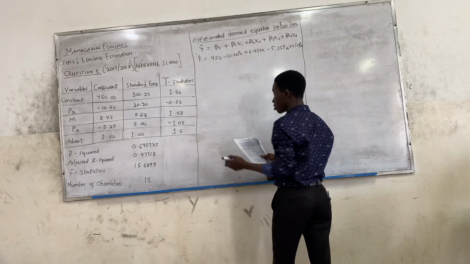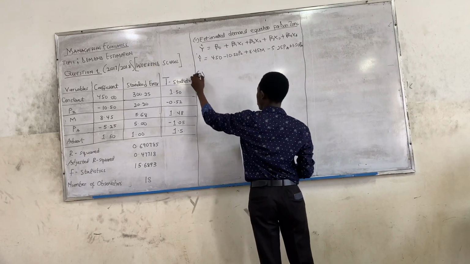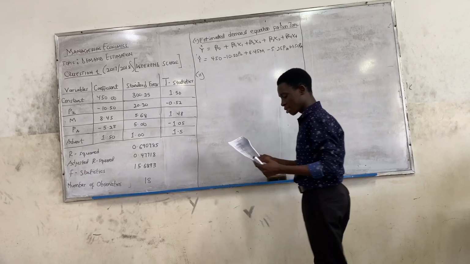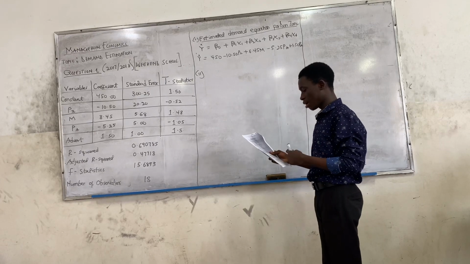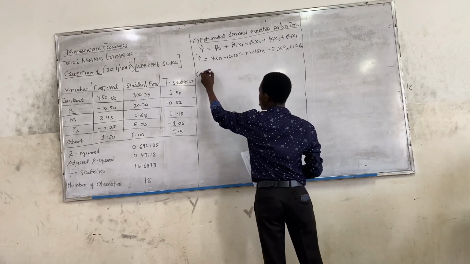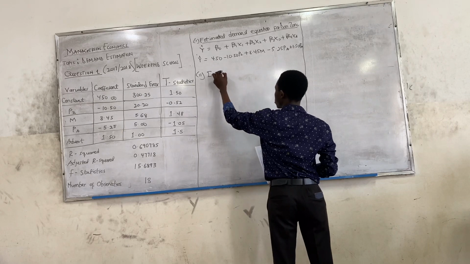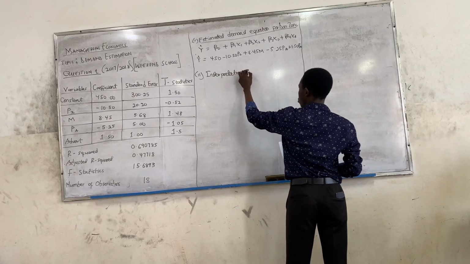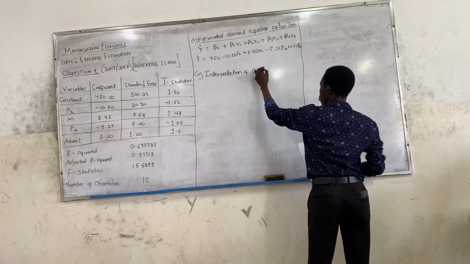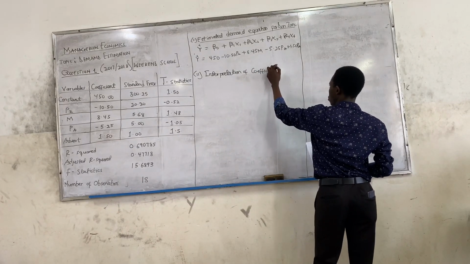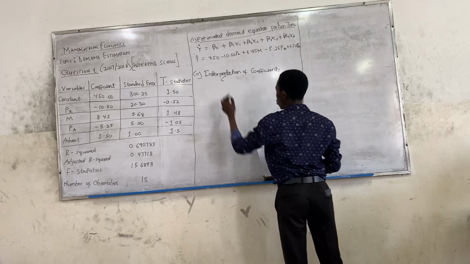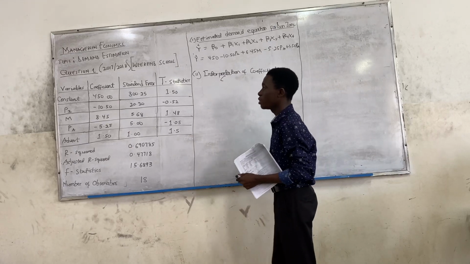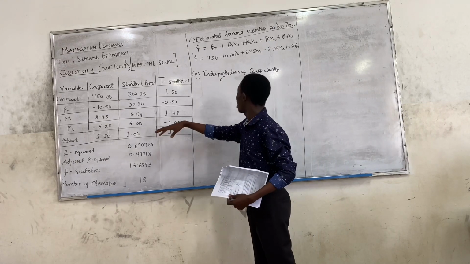I'm moving on with the second question: interpret the coefficient of income and advertisement. So, interpretation of coefficients. We have various explanatory variables: PZ, M, PA, and advert.